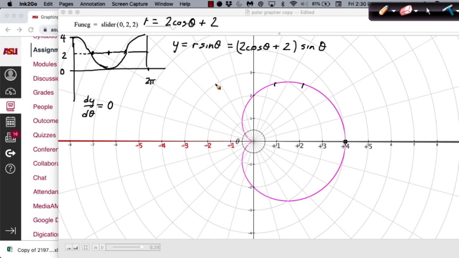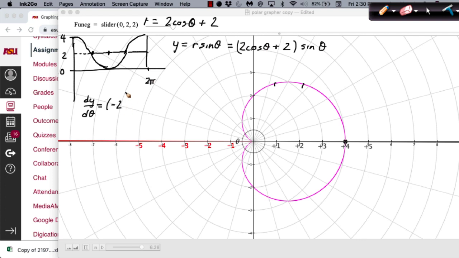So when I do dy d theta, how do I find dy d theta from this equation right here? I'm going to set it equal to 0, but I've got to get dy d theta first. What's it going to take to get dy d theta? Derivative, which means doing product rule, right? So this is one thing times another, so we get product rule.